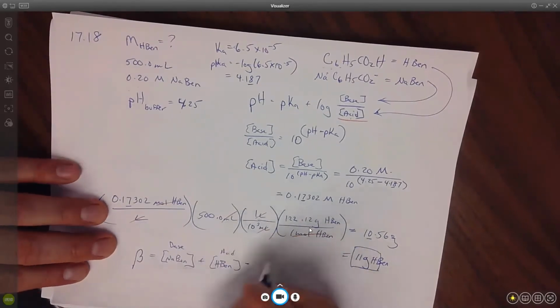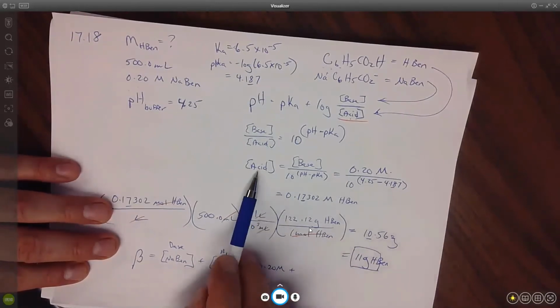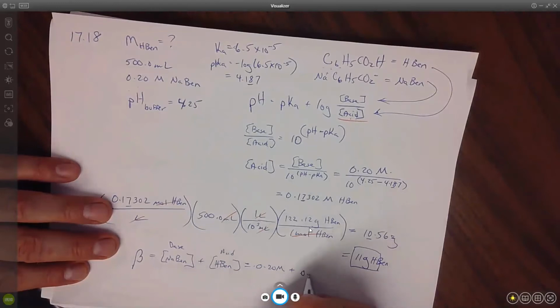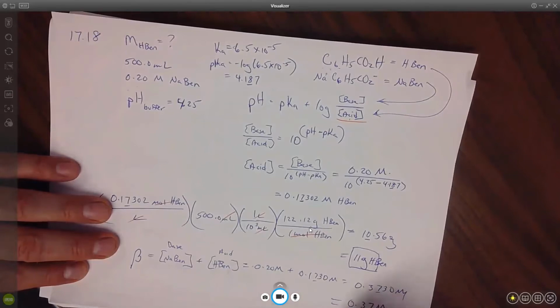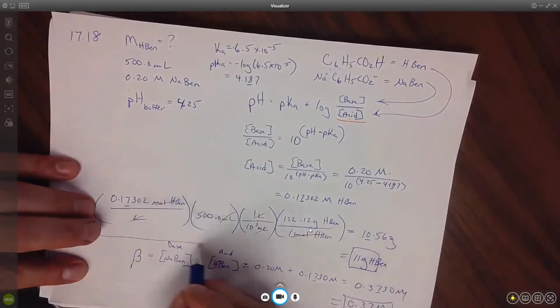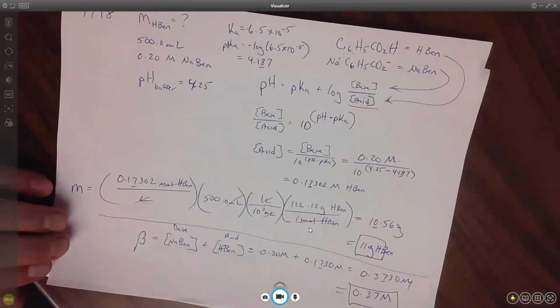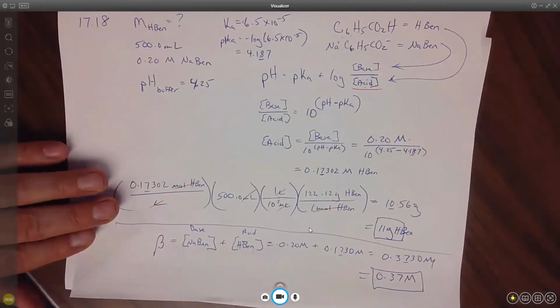And so the base was given to us as 0.2 molar. And the acid concentration we determined is 0.17 molar. That would have given us 0.37 molar. So our buffer capacity was 0.37 molar. So that would have been the buffer capacity. Any questions?